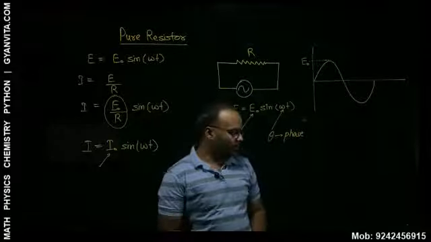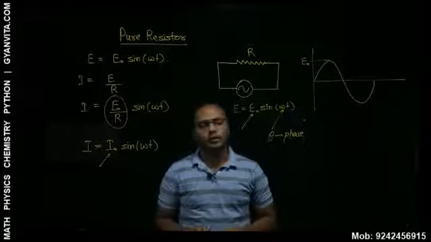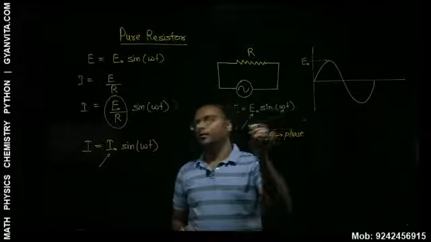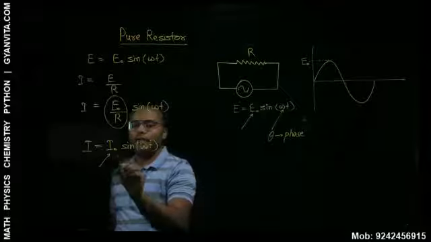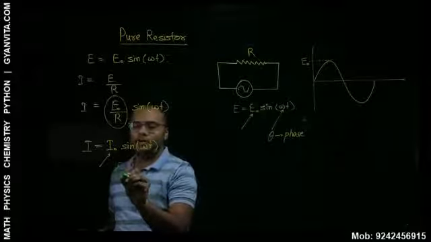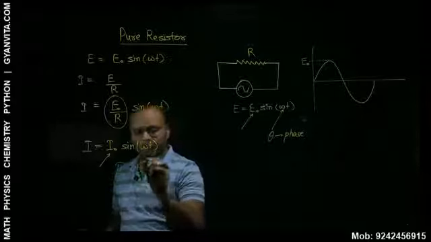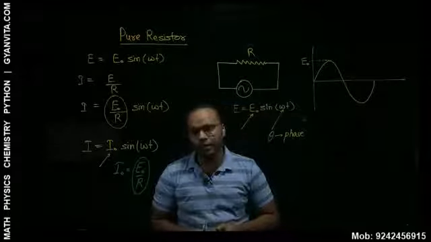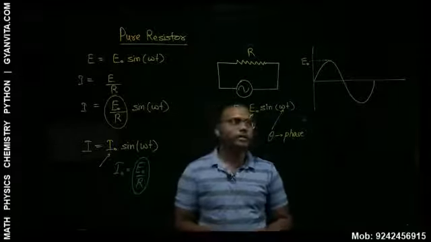Okay, and in the same diagram, you will also have to draw the wave diagram for current. So current will be what? Current's maximum value will be what? That you can get from here. I naught is equal to E naught divided by R. So it will be a fraction of maximum or peak EMF. Peak current will be a fraction of peak EMF.